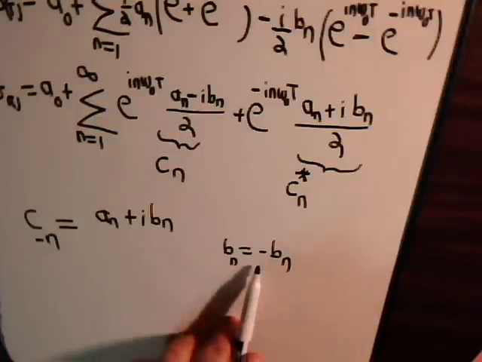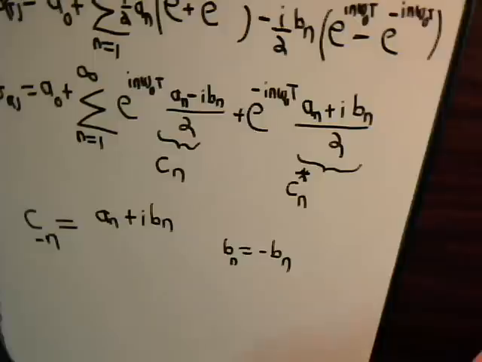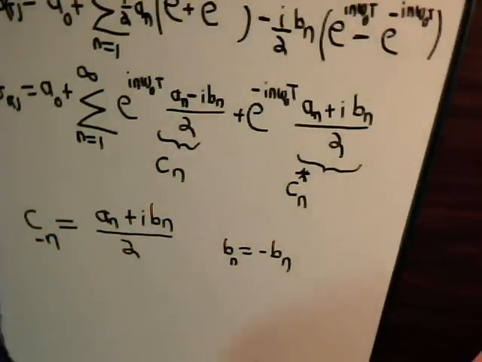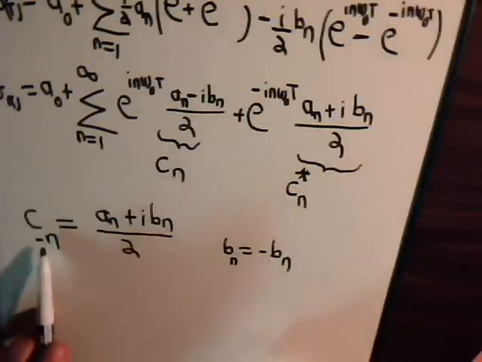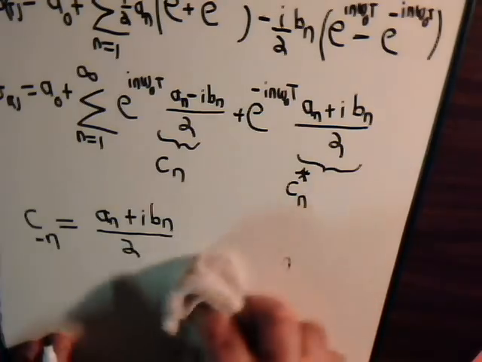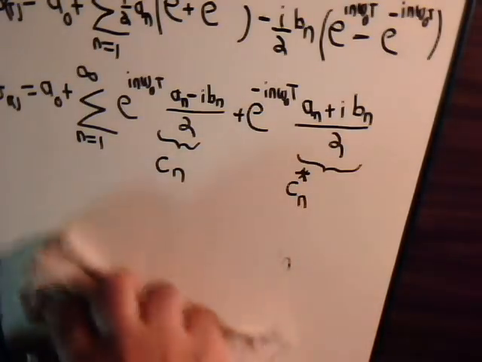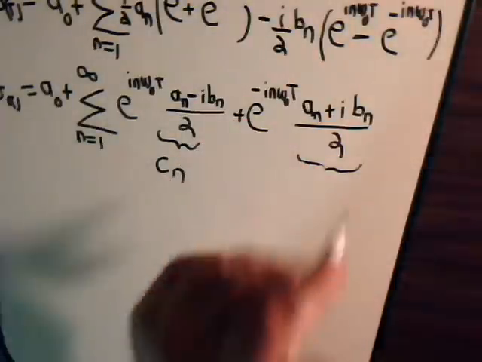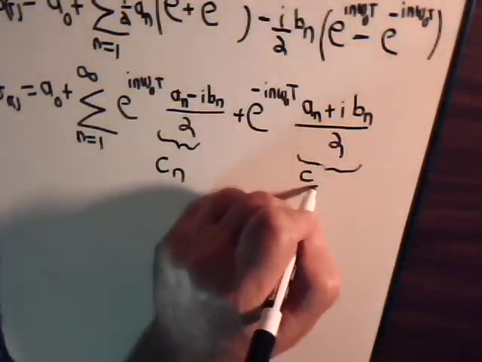So we'd have minus comes out to be a plus, divided by 2. So this here we could write as the complex conjugate of cn, or we could designate it as c minus n. Either way is legitimate. And we're going to use this expression. So this is c of minus n.